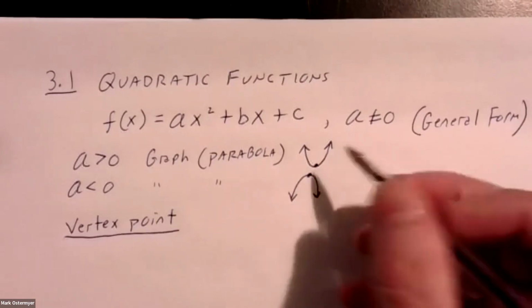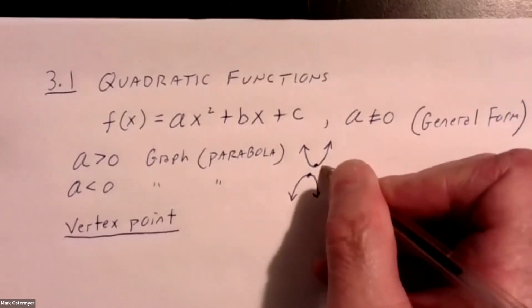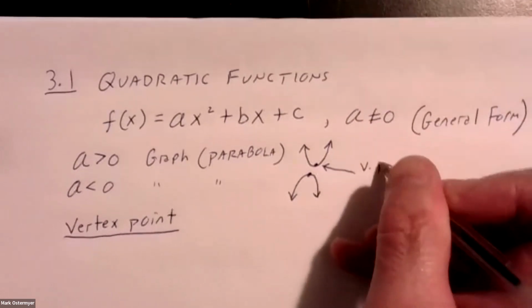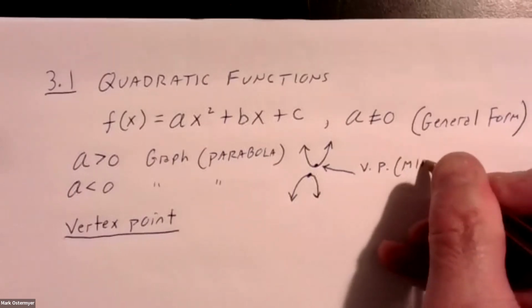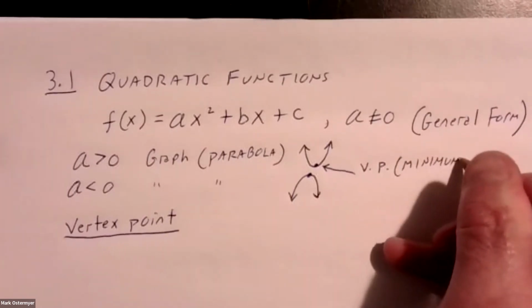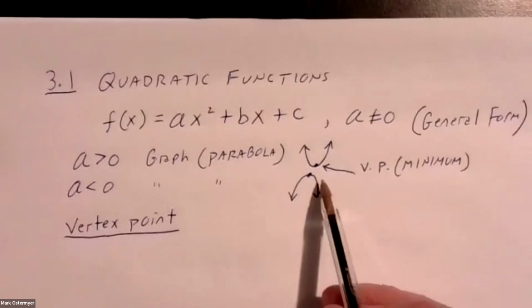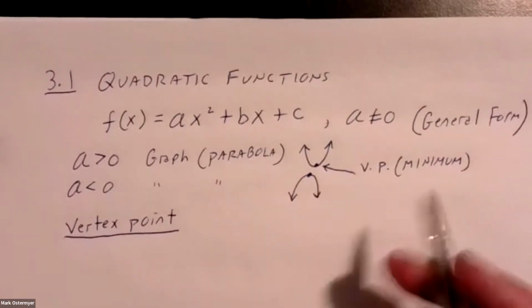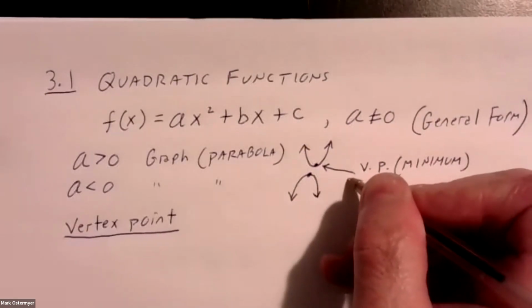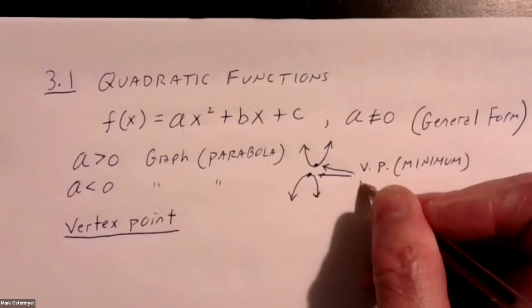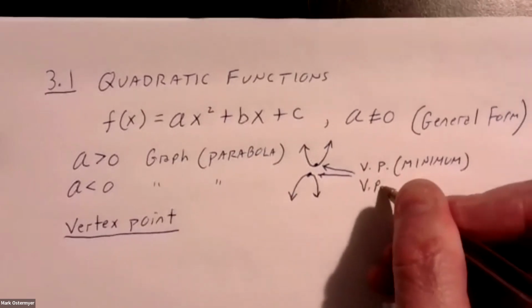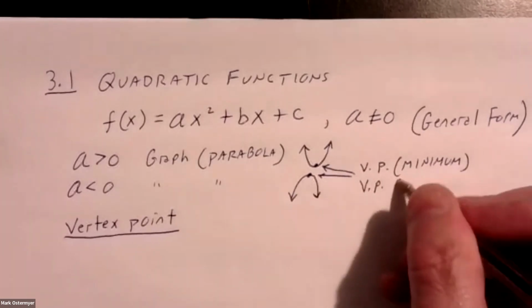So if a parabola opens upwards, then the vertex point, which I'll abbreviate as VP, will be a minimum point on the graph. It's not only going to be a local or relative minimum, but also an absolute minimum. If the parabola opens downwards, then the vertex point will be a relative or local maximum, and also an absolute maximum.